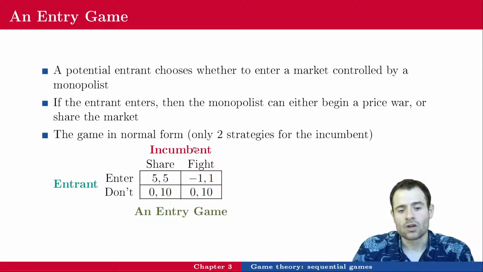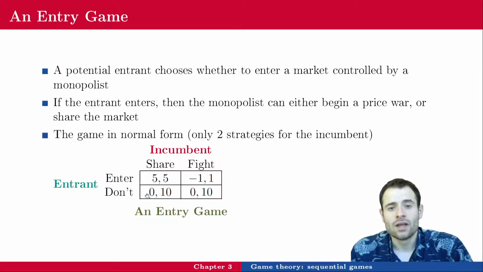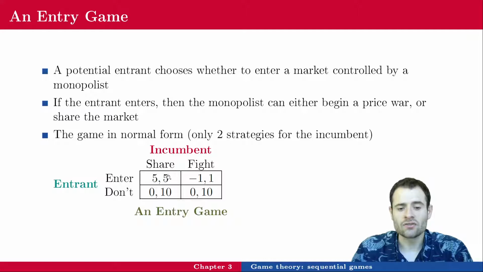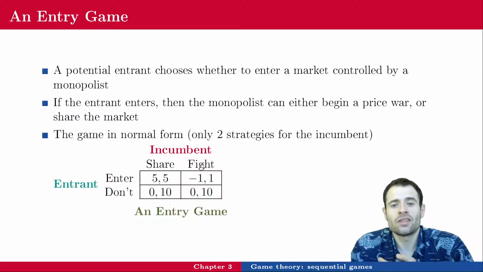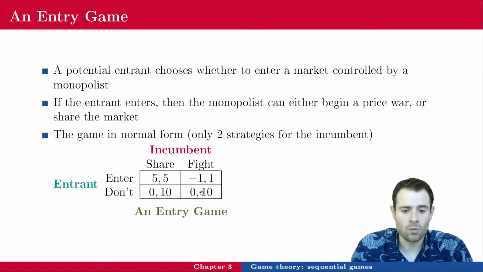It's a price war, so the incumbent will also suffer a bit and have a lower payoff than by sharing, a payoff of 1. If the entrant does not enter, he doesn't get any profit and the monopolist stays a monopolist, so nothing changes for him. Whether he shares or fights doesn't matter, he's alone. So his payoff will be 10 no matter what.